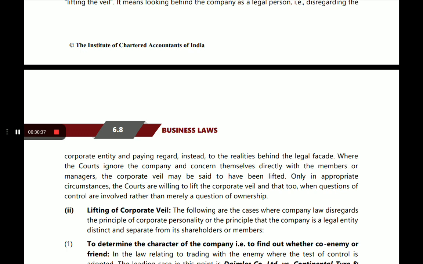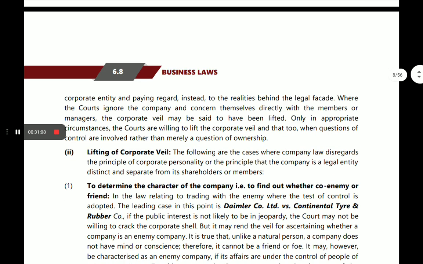The corporate veil may be said to have been lifted only in appropriate circumstances. The courts are willing to lift the corporate veil, and that too when questions of control are involved rather than merely a question of ownership.